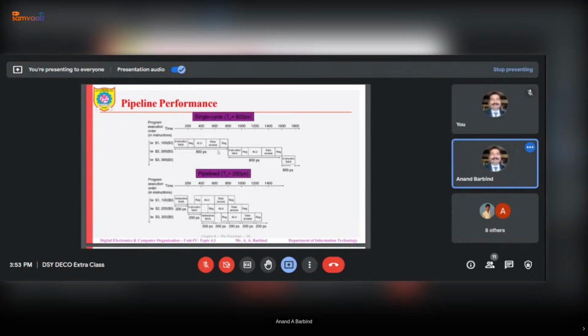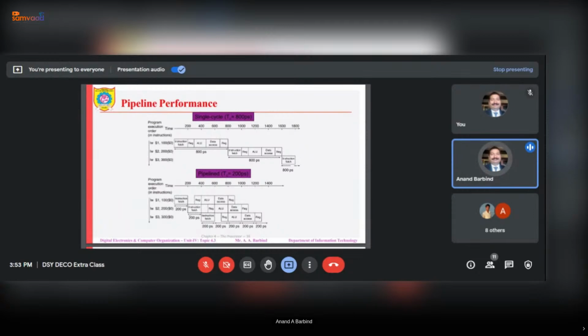After the first instruction has finished, another 800 picoseconds will be required for the next instruction, and so on. But if we overlap these operations, that is, after the first instruction is fetched and register read for the first instruction is going on, we may fetch the next instruction.